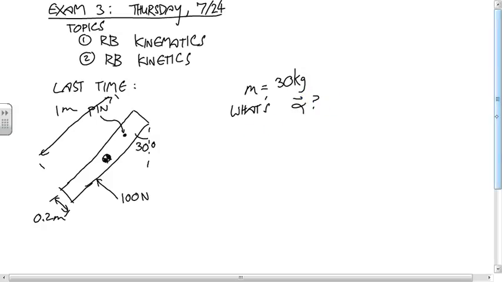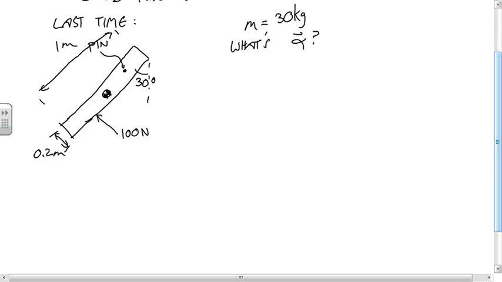And so the way we did it last time is we made the about point, for the rotational Newton's second law, at the pin.